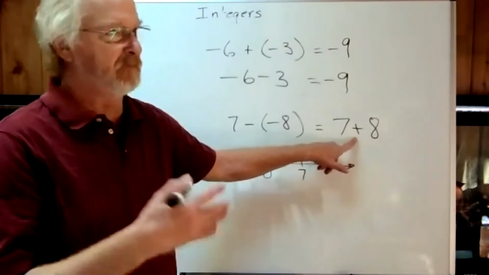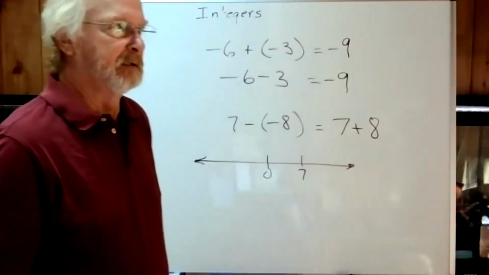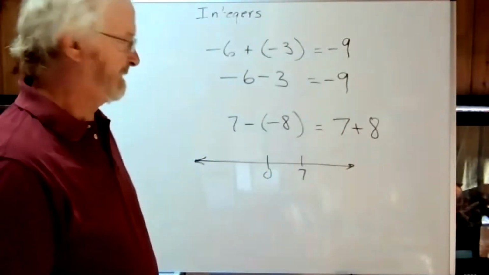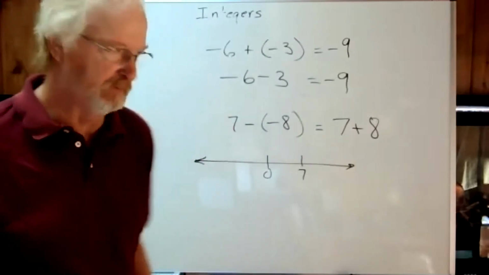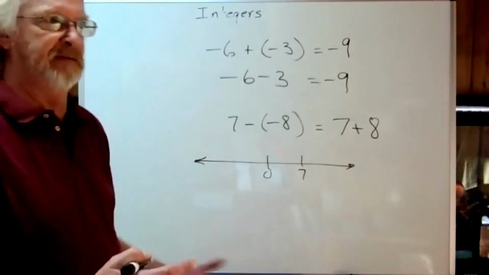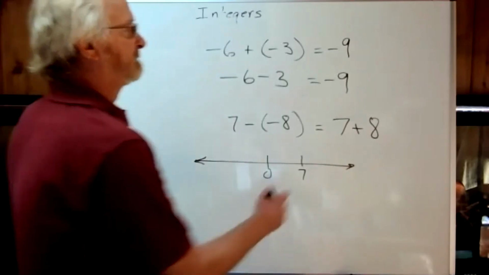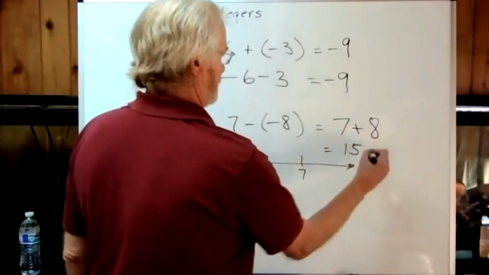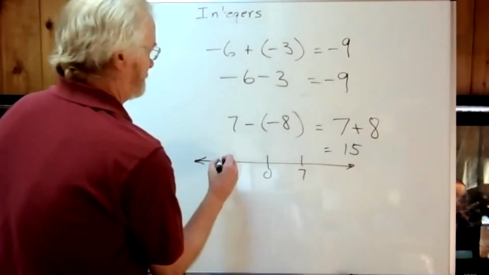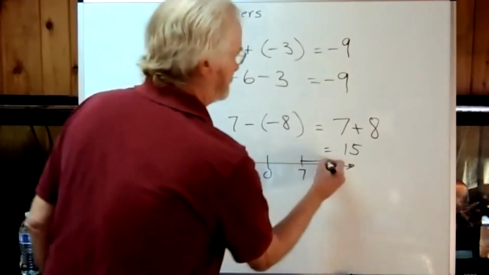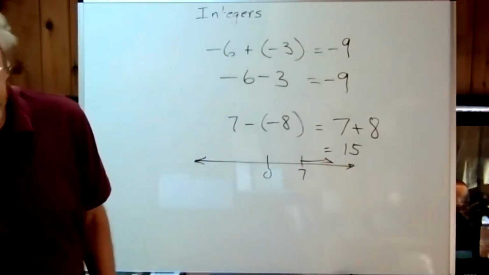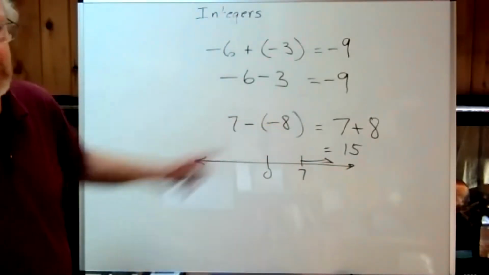A lot of times folks have trouble absorbing that right away. If you can sort of keep an eye out for it and believe it if you have to, save yourself too much anxiety. But yes, we know that's 15, right? I started at 7 and I'm taking away negative 8, so really moving 8 more in the positive direction. Subtracting a negative.